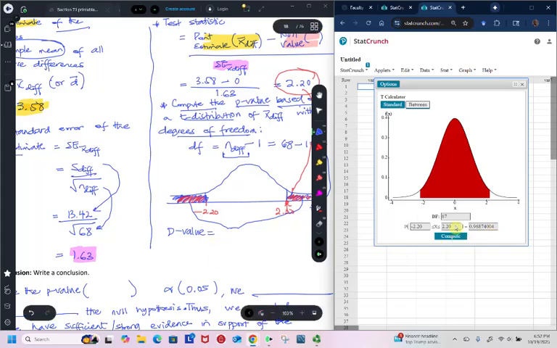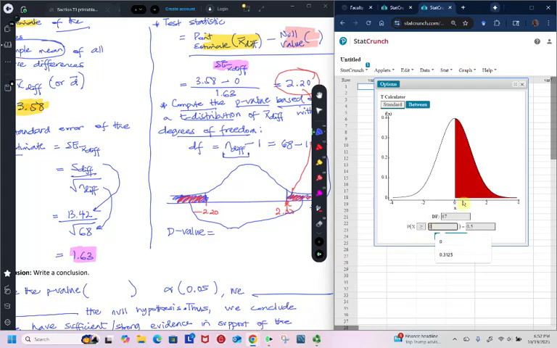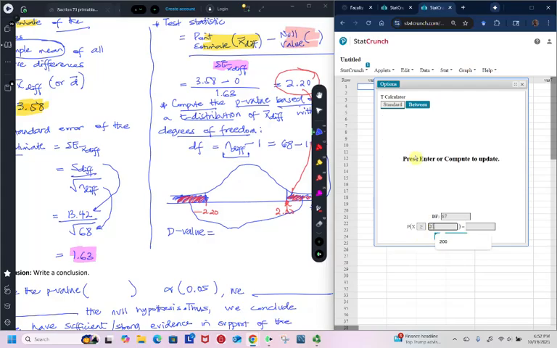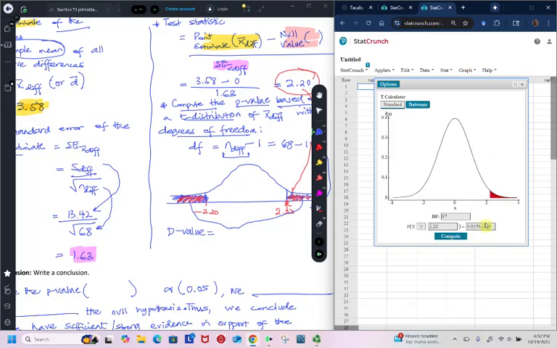Another way to do this is to go back to the standard version, look at the size of the tail above 2.20 and compute that probability. That will give me the size of one tail. If I multiply it by 2, due to the symmetry of the t-distribution, I will get the combined probability.